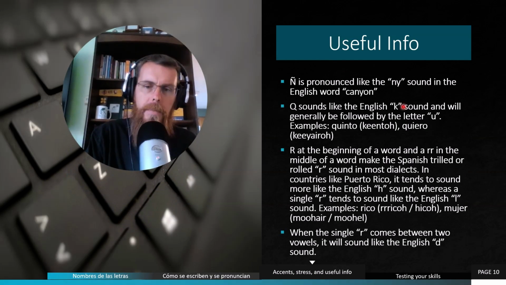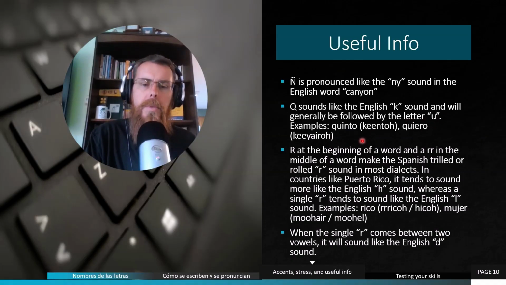Eñe is pronounced like the NY in canyon, for words like señor, niño, etc. Q will sound like the English K, and it will usually always be followed by a U. The only exception where I have seen it not followed by a U was in a transliterated version of a book that I'm not sure is very accurate.